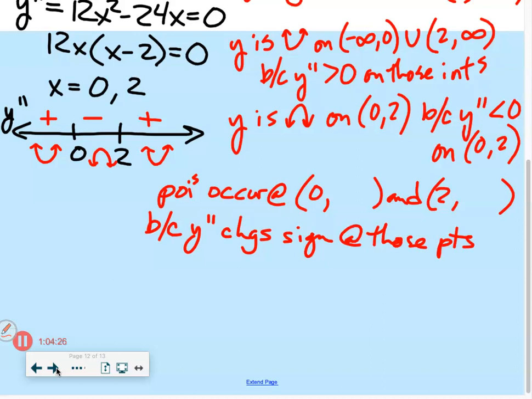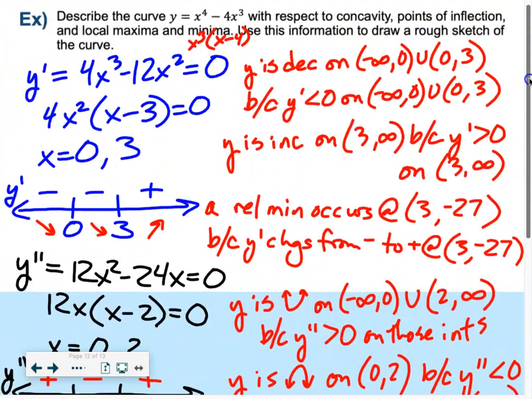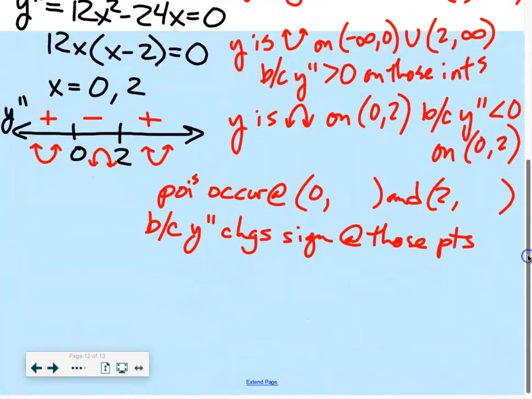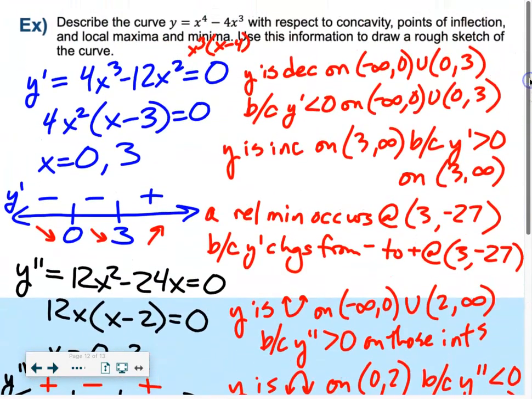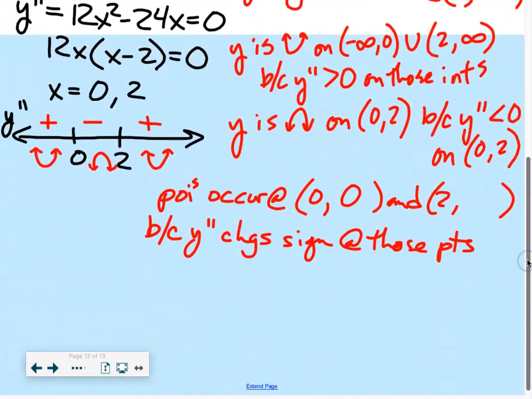Where do I find the y values? Original function. I plug in a 0, I get 0. I plug in a 2, it's a good thing I factored it, I get 8 times negative 2, I get negative 16.